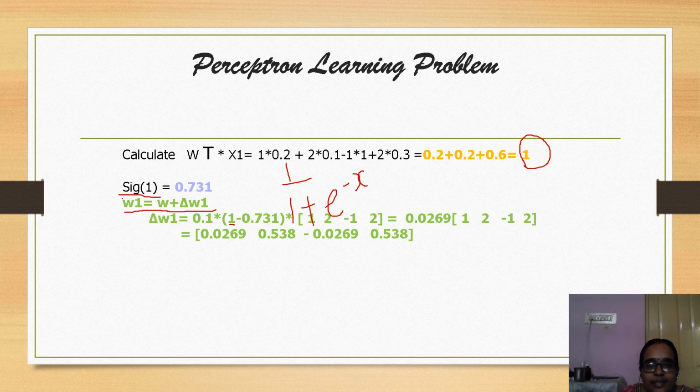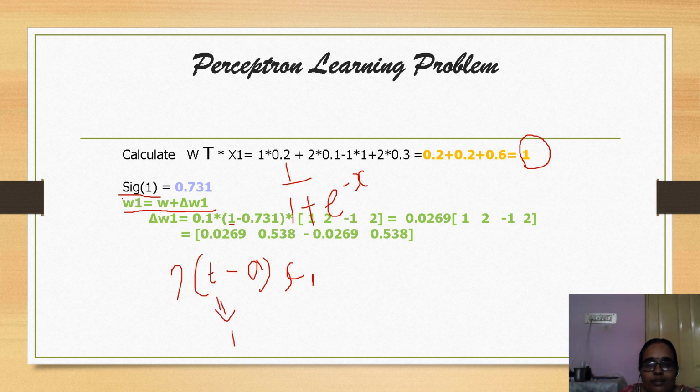We already know the formula: learning rate multiplied by target minus actual, multiplied with the input data. As we are taking the first input, we have to take the first input x1. Here, for the first one, the target is given as 1.